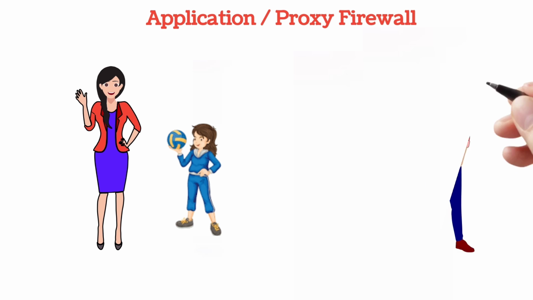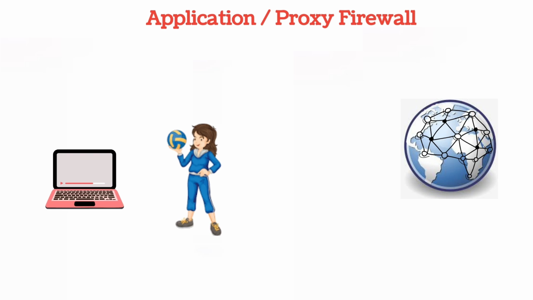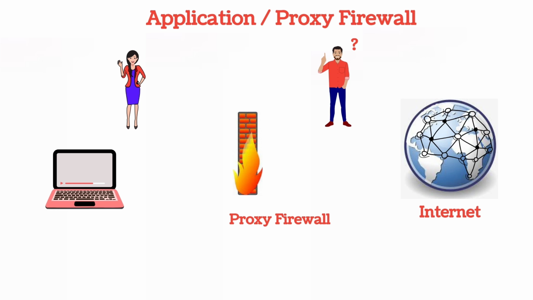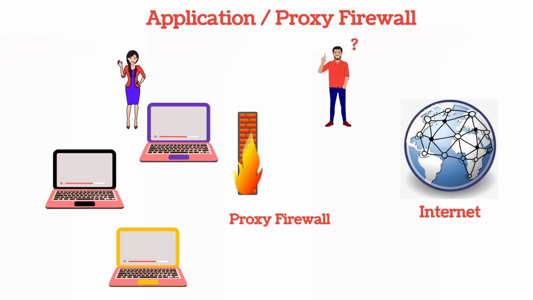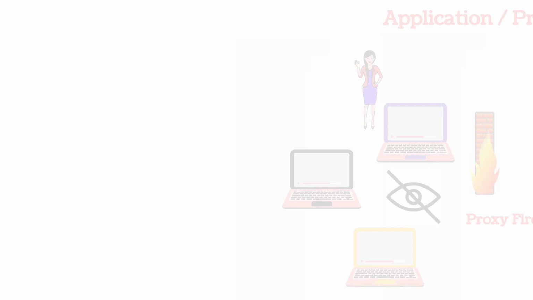Replace the shopkeeper with the internet, your coach with a personal computer, and yourself with the proxy firewall. Like you did not let the shopkeeper know that your coach was the one who actually wanted that ball, similarly, proxy firewall does not let the internet know which computer actually wanted to visit the requested website. That is, proxy firewall hides us from attackers on the internet.